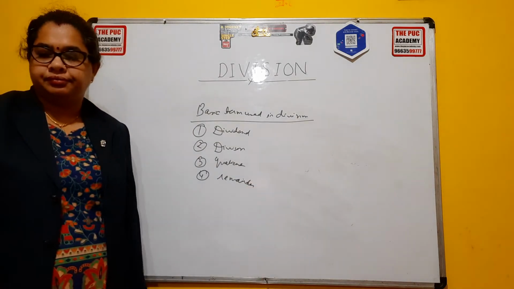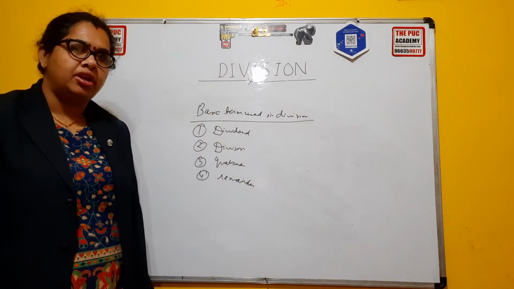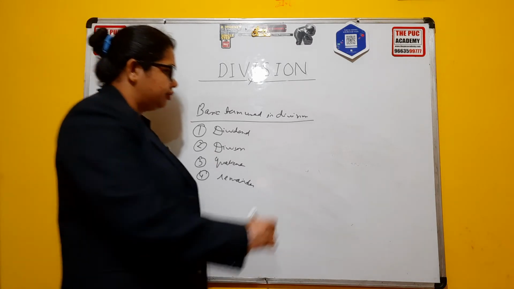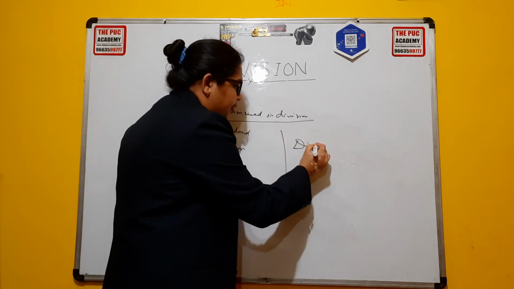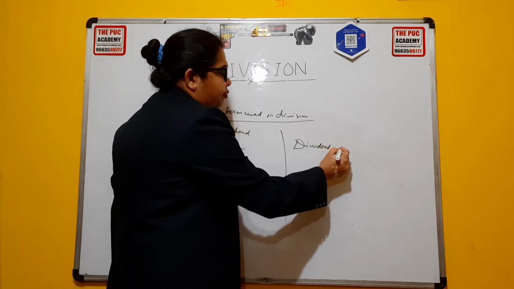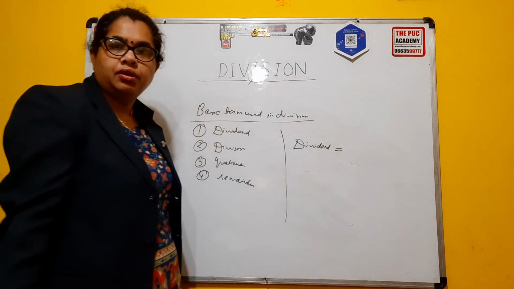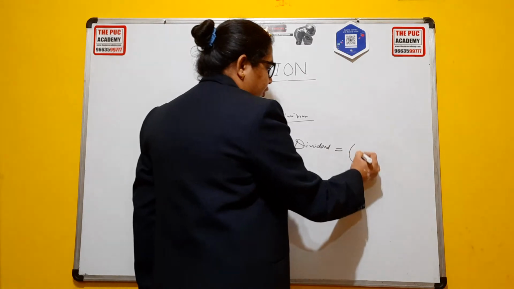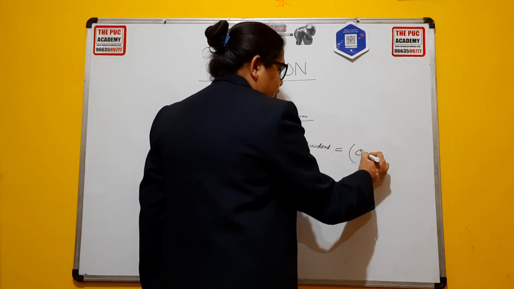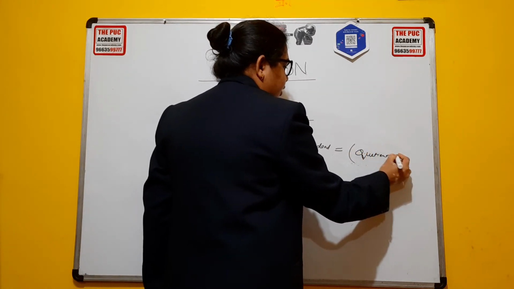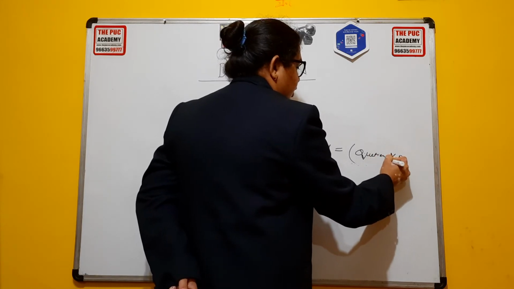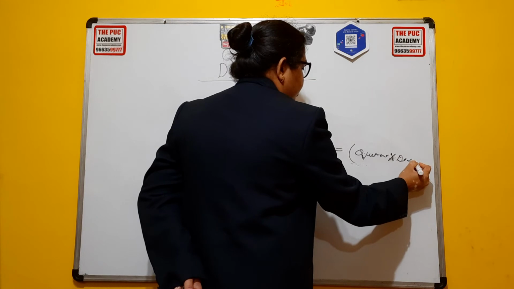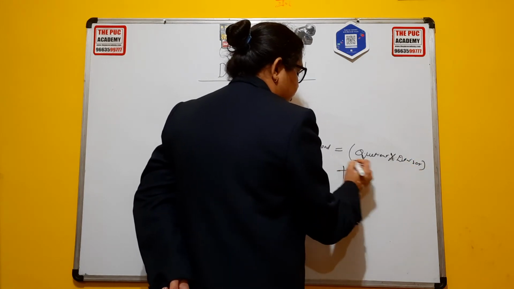So what is the formula behind this? Dividend will be equal to quotient into divisor plus remainder.